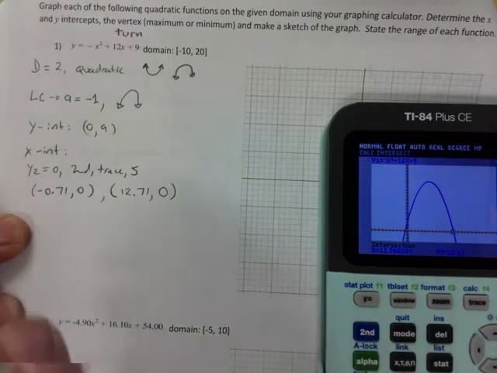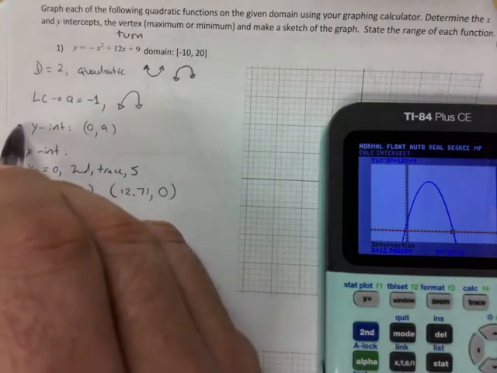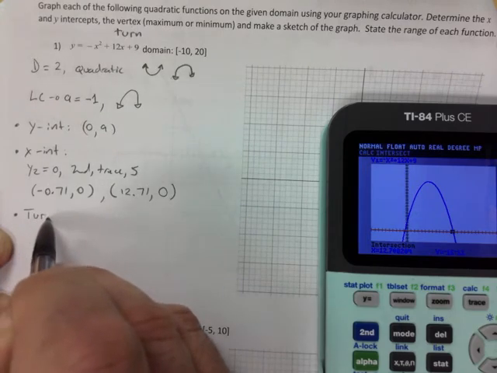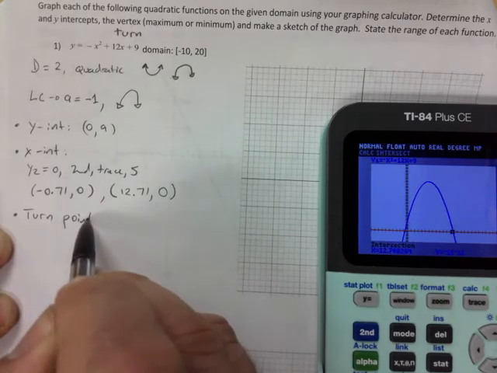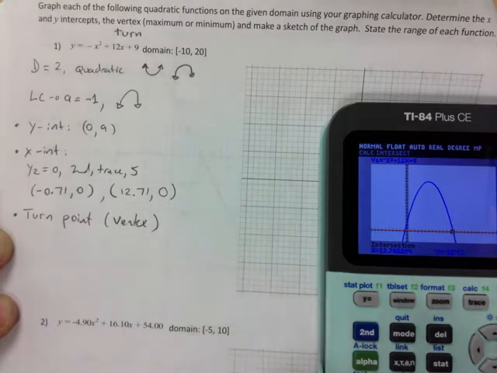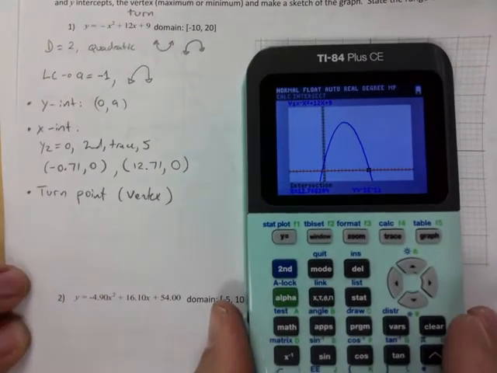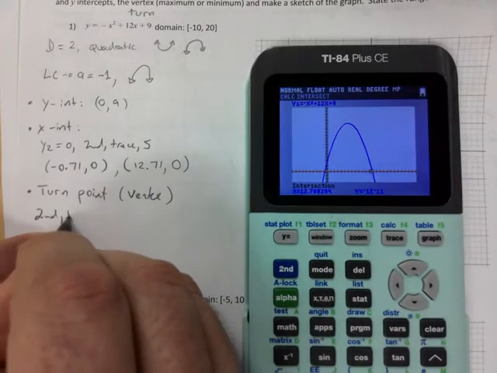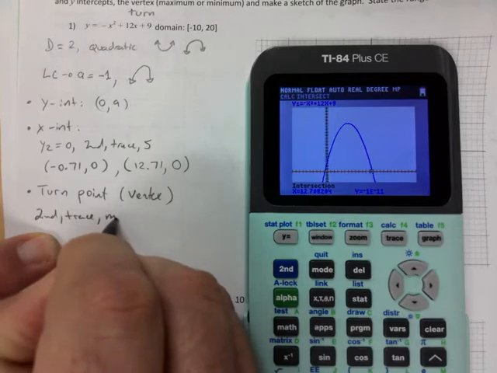So there's your x-intercepts. So we have the y-intercept, we have the x-intercept. Now we need to turn, right? Turn points, turning points or turn. In this case, that is called the vertex. For a parabola, for a quadratic, that has a specific name. So in this case, it's the max, right? So we're going to go second trace max.